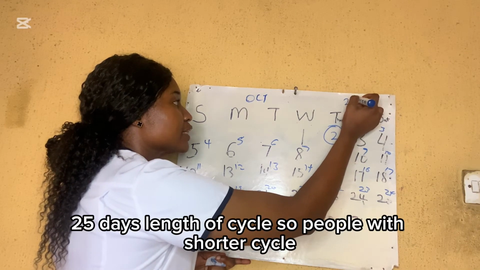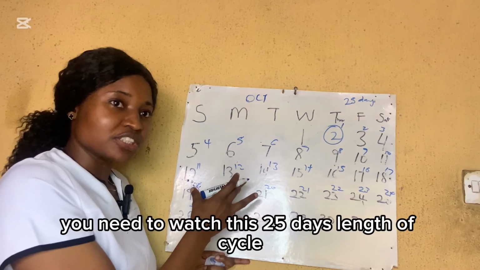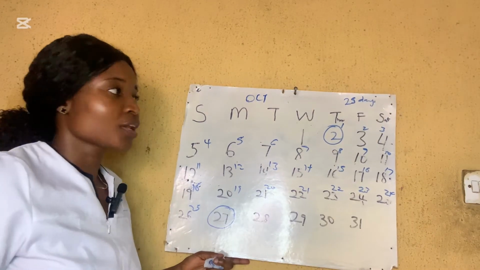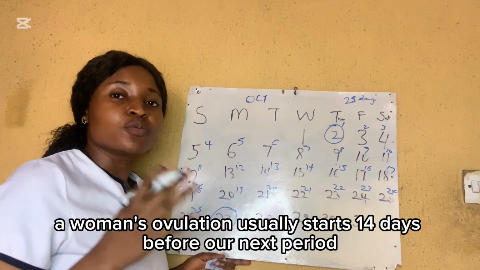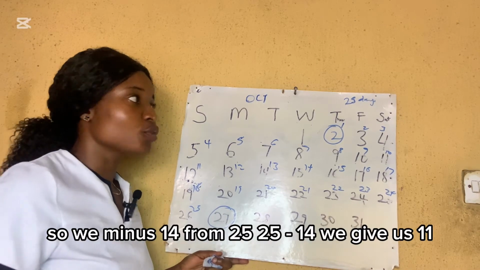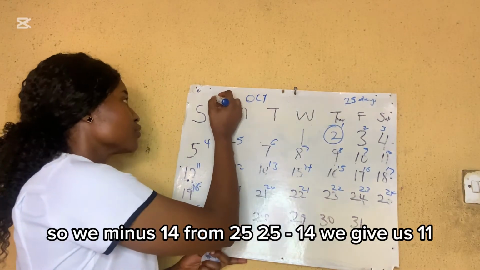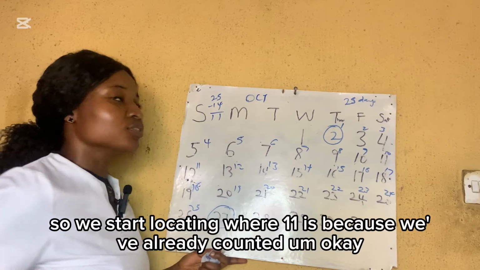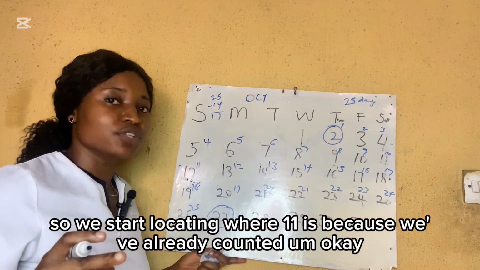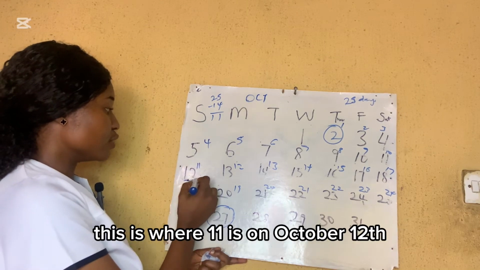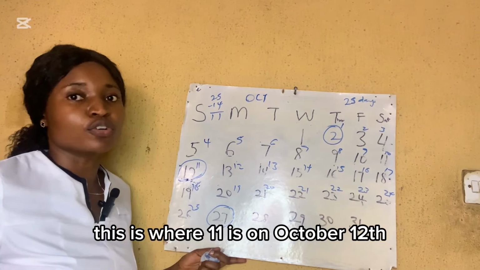So people with a shorter cycle, you need to watch this. A 25 days length of cycle. According to science, a woman's ovulation usually starts 14 days before her next period. So we minus 14 from 25. 25 minus 14 gives us 11. So we locate where 11 is, because we have already counted. This is where 11 is, on the 12th of October.